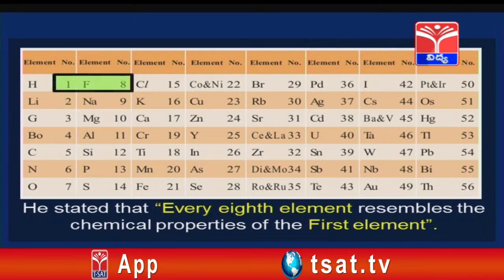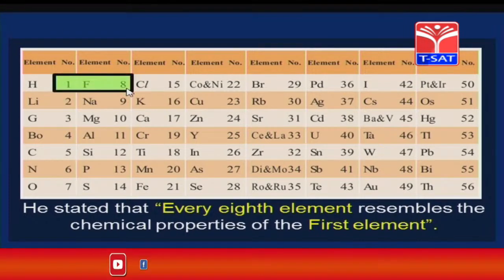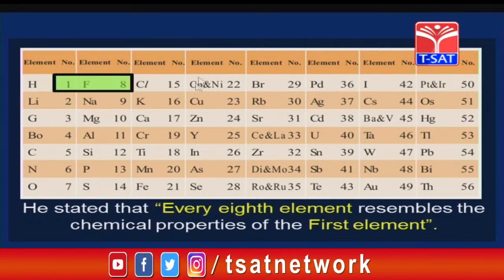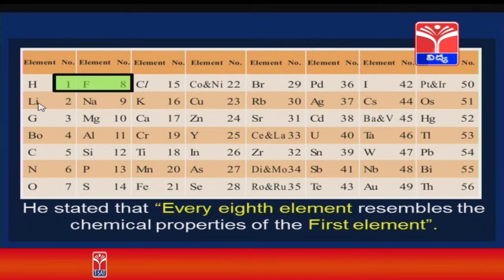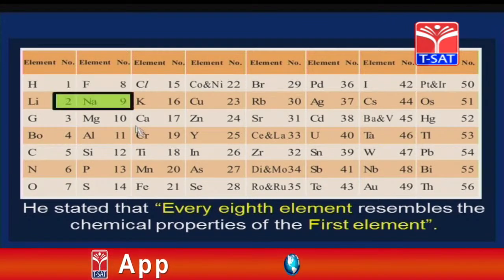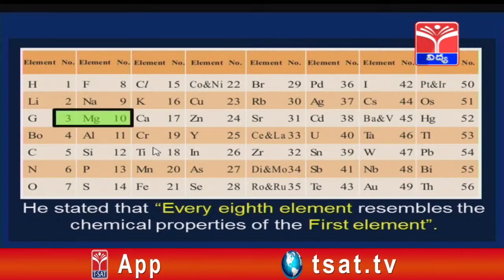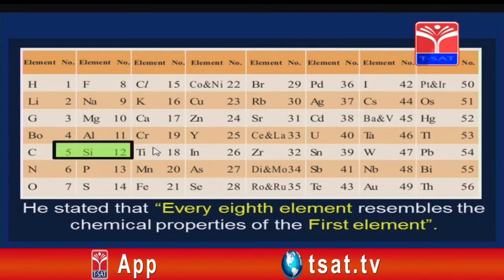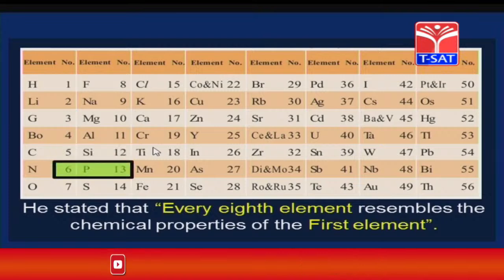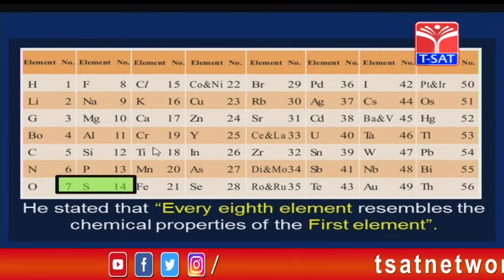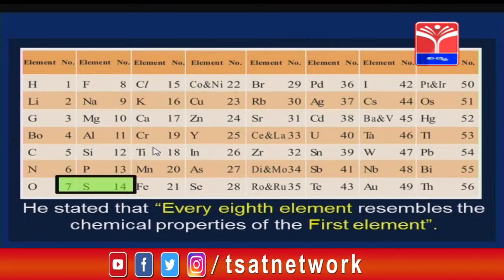You see, hydrogen has the same properties as fluorine, and next it has the same properties as chlorine; like that it is resembling. In the next group, we have the same properties for lithium and sodium, and the same properties for carbon and silicon, nitrogen and phosphorus, and oxygen and sulfur.